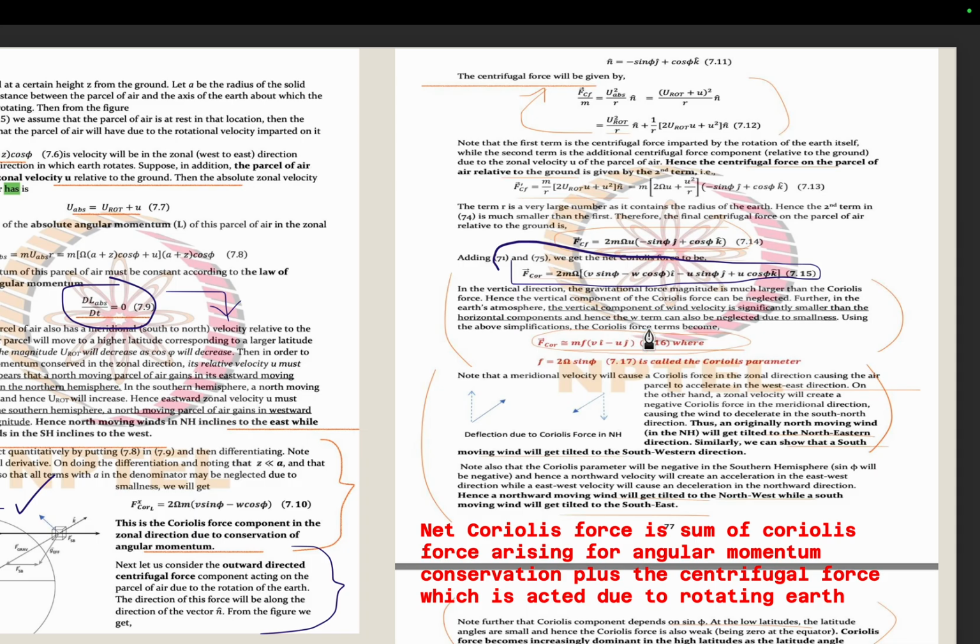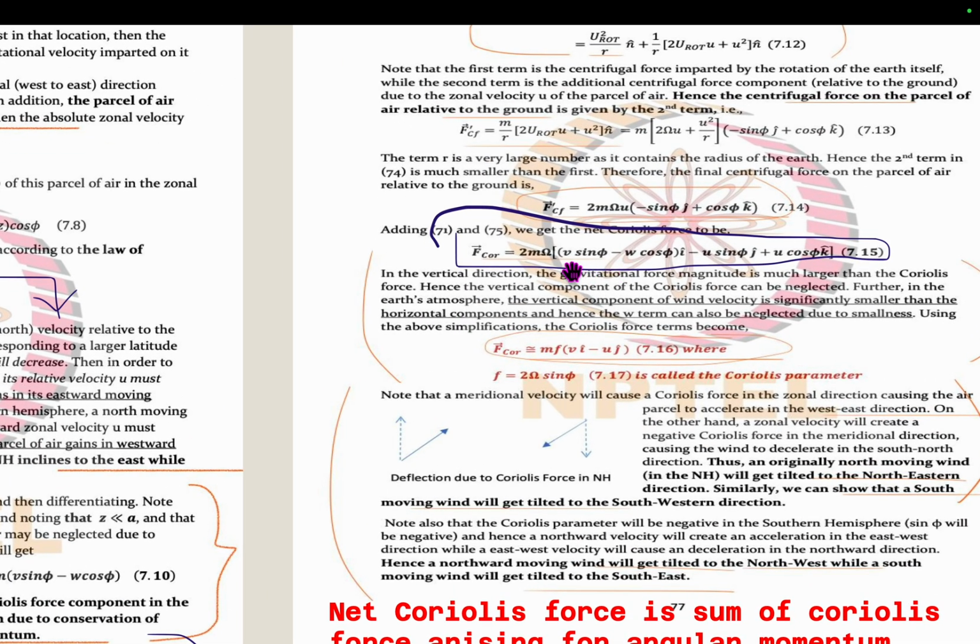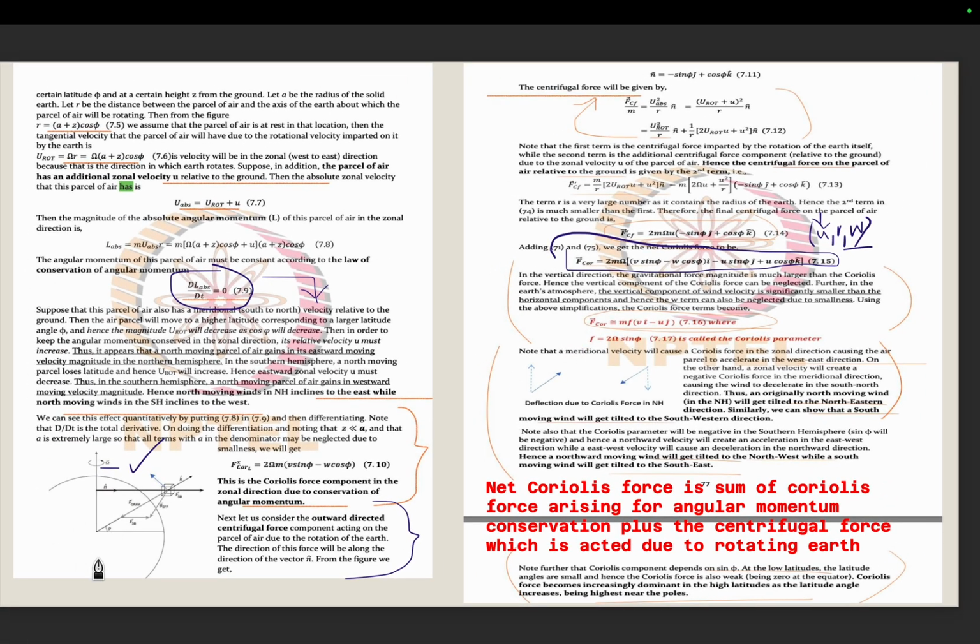If the velocity of this air parcel is u i cap plus v j cap plus w k cap, with components u, v, w in the directions i, j, k, then the Coriolis force can be written by this equation, where i cap has the contribution from w and v, j cap has contribution only from u, and k cap also has contribution only from u. Here u is the component along the i cap direction, and the Earth's velocity is also along this i cap component.